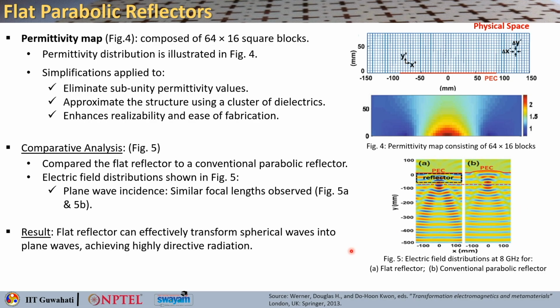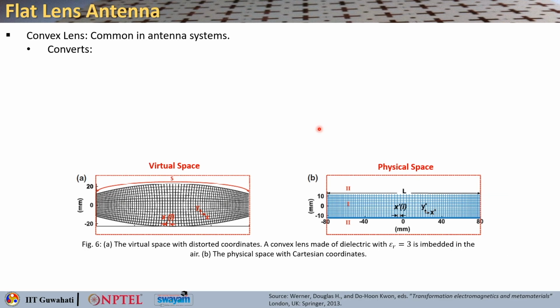So you can see that the flat reflector can effectively transform spherical waves into plane waves, achieving highly directive radiation as it is supposed to for parabolic antennas. These electric field plots show you the wavefronts.